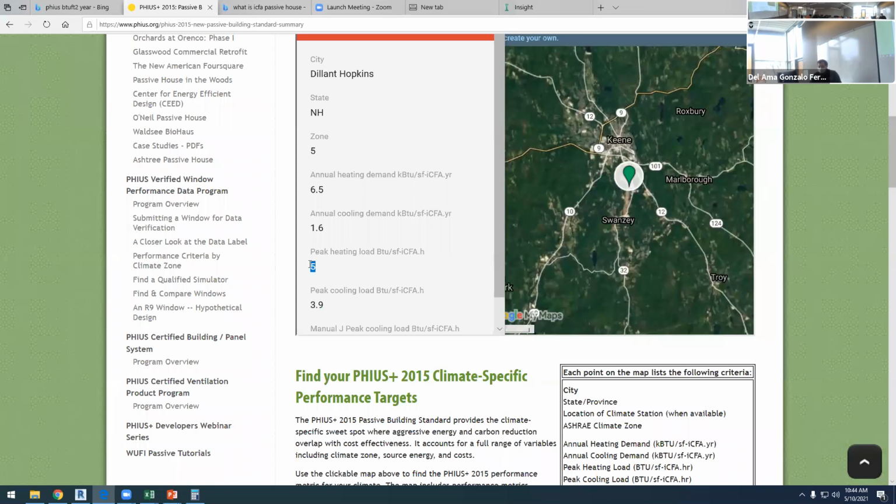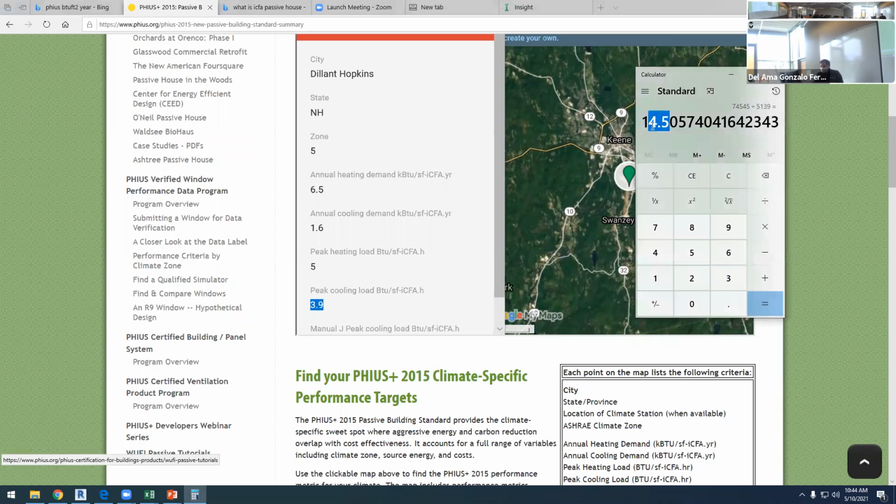So we are good for the heating because the heating is 5 and we are in 5 point something. But when it comes to the cooling, this is not good because the maximum cooling load should be 3.9 and ours is 14.5. So we are far from meeting the cooling passive house standards.